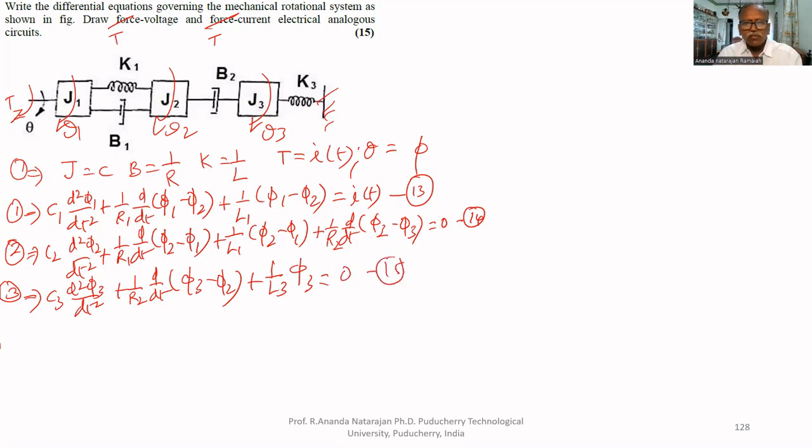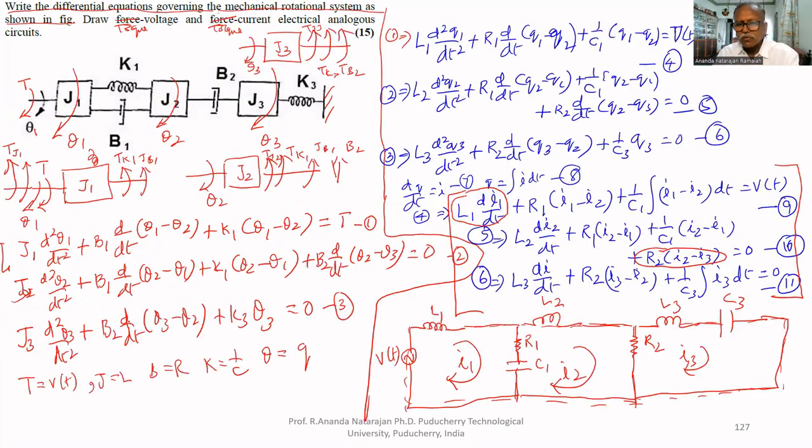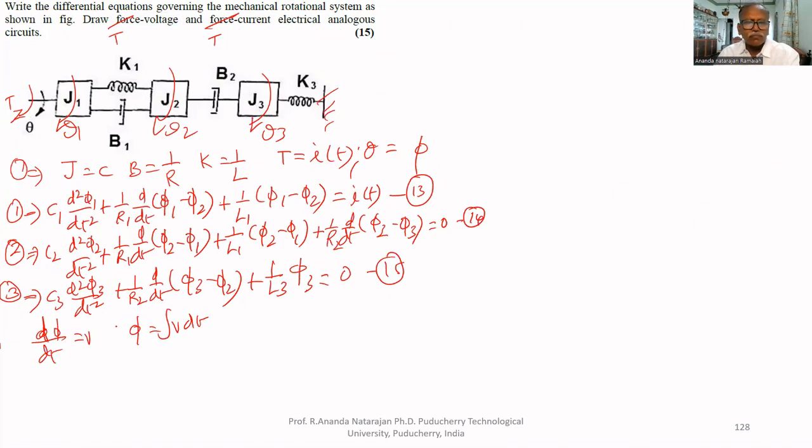That is the 15th equation. Now we know that d phi by dt equals v, and phi equals the integral of v dt. These are 13, 14, 15; this becomes 16, this becomes 17.